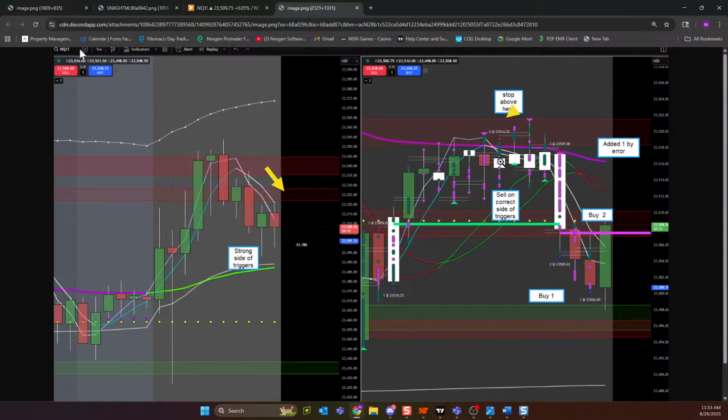Jen, perfect. You kept it above the zone. You did that better than I did, Jen. And you got paid. And it looks like you got short again. And then you got paid again. Added 1 by error. Great trade. It's the exact same look, right?